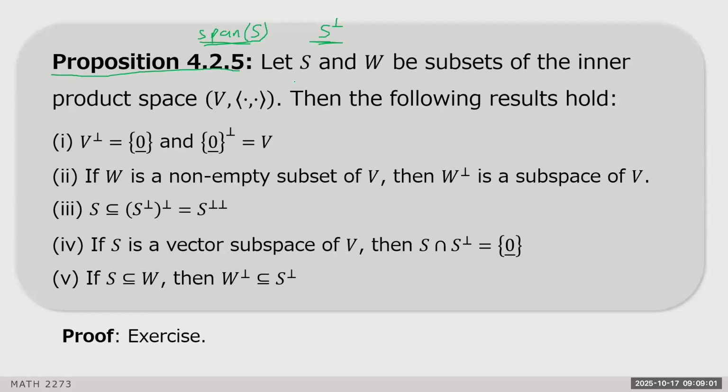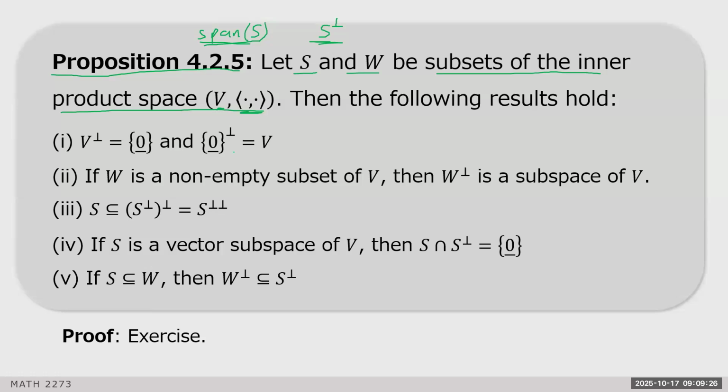So this proposition gives us some results for how the orthogonal complement behaves and what some of its properties are. Let S and W be subsets of an inner product space. So this is the vector space with its inner product.